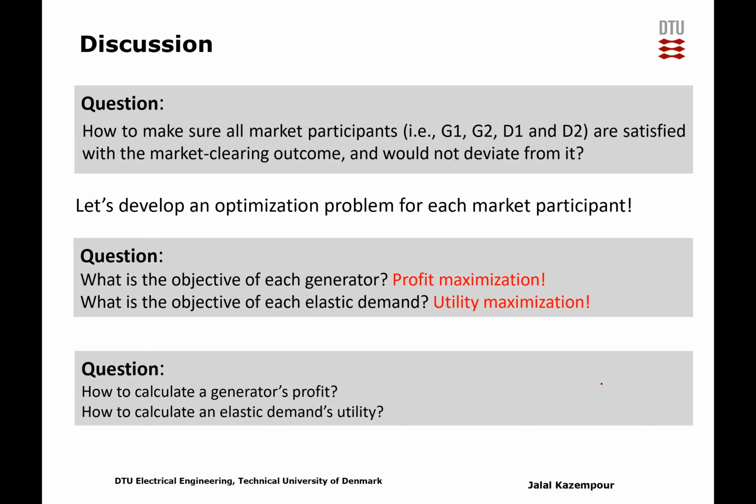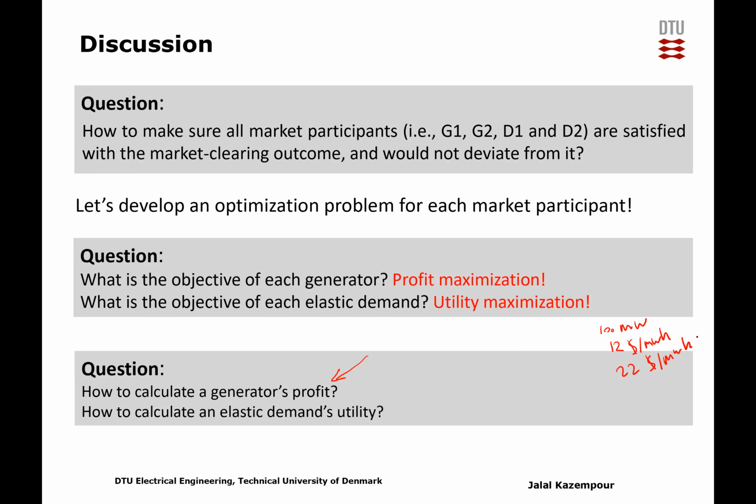So the next question, for generators, you don't need to say it in formulation form. How can we calculate a generator's profit? Let's say a generator is producing 100 megawatt. Its cost, and we assume that the offer price is the same as the cost, is $12 per megawatt hour, while the market clearing price is $22 per megawatt hour.